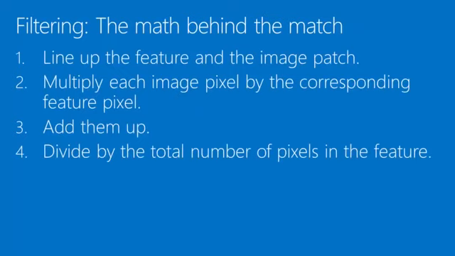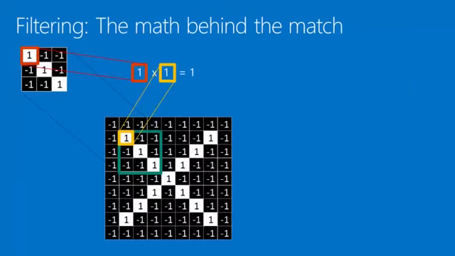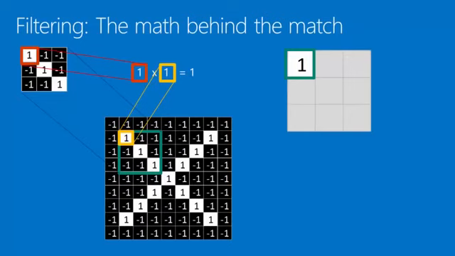They're multiplied by each other, and then added up and divided by the total number of pixels. So to step through this, to see why it makes sense to do this, you can see starting in the upper left-hand pixel in both the feature and the image patch, multiplying a 1 by a 1 gives you a 1. And we can keep track of that by putting that in the position of the pixel that we're comparing.